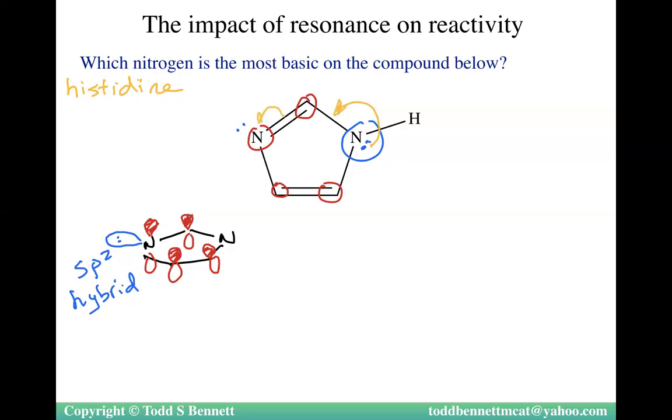So because of this minor resonance contributor, we now have a positive on that nitrogen, negative on that nitrogen. But because of that resonance contributor, by resonance, we can put a negative on here, positive on here.